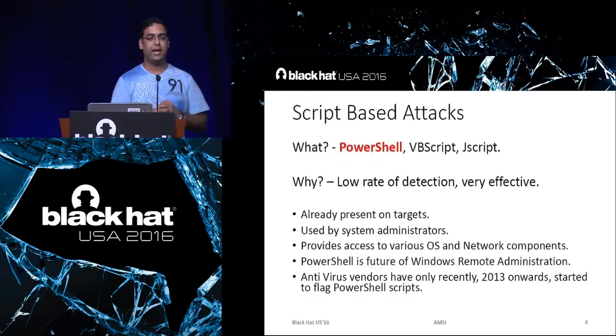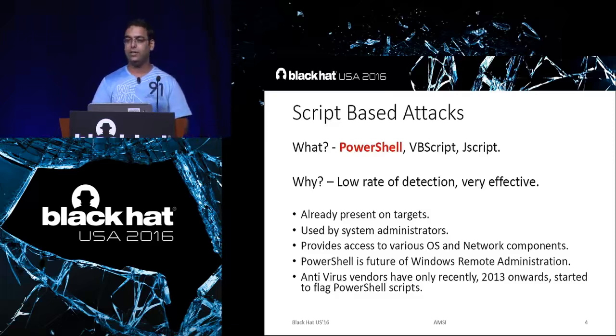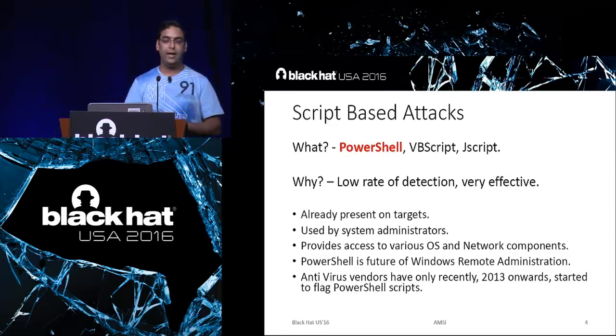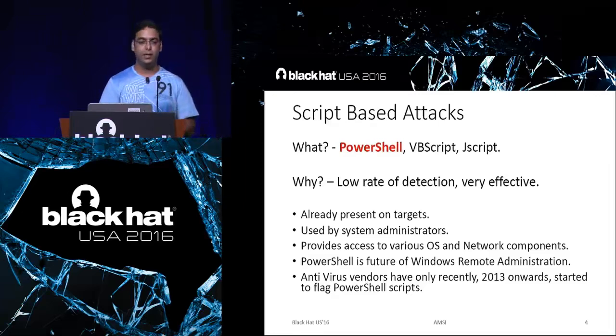So script-based attacks. AMSI generally wants to target 3 kinds of things: PowerShell, VBScript, JScript. I am more interested in PowerShell. My affair with AMSI started when I was testing a couple of my scripts on a Windows 10 machine, and they were still getting detected in memory.